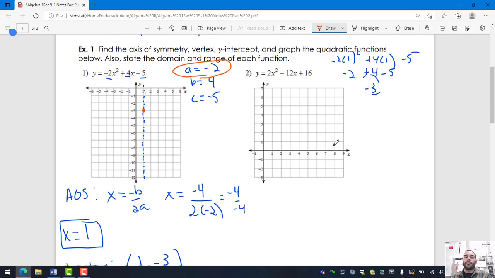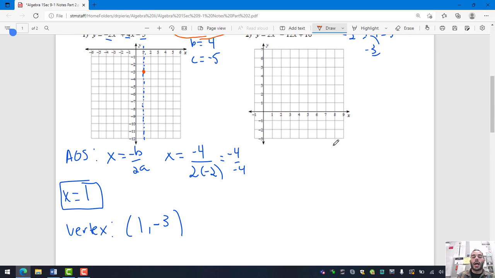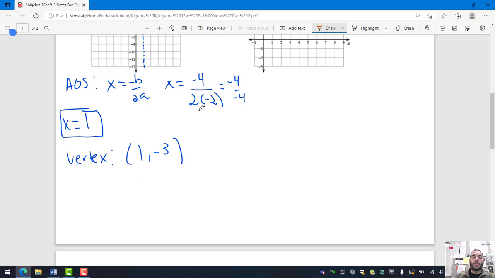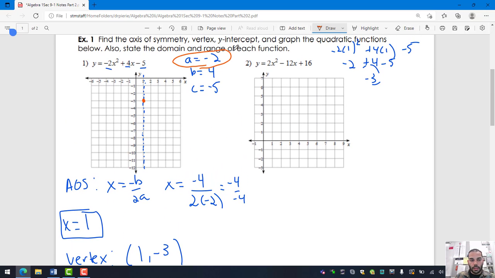Okay, so now we basically just have to start getting some points on our parabola here. And a really easy one to find is usually the y-intercept. The y-intercept is going to be where this graph crosses the y-axis, and it's always just going to be equal to whatever c is equal to.